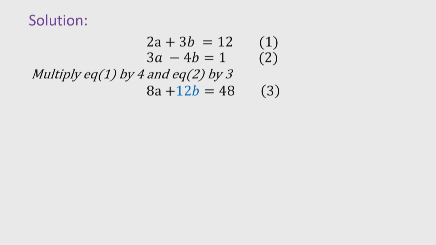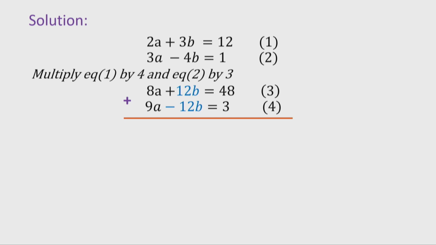Now I multiply equation 2 by 3. I get 9a minus 12b equal to 3. And I call it equation 4. So here we have the same coefficient for b, but we have opposite signs. And when we have opposite signs, we need to add.